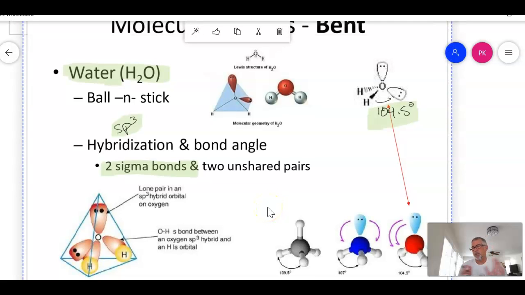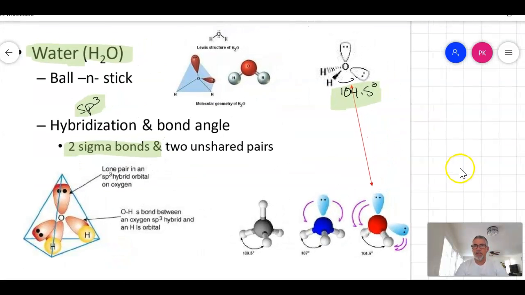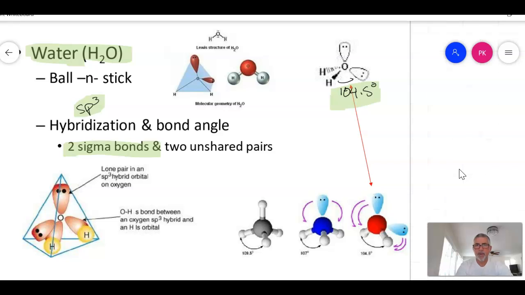So when we talked about earlier, the hybrid orbitals have a tetrahedral shape, but the shape of the molecule is based on what's attached. If we look at all 3 of the sp3s together, this would be CH4, your methane.